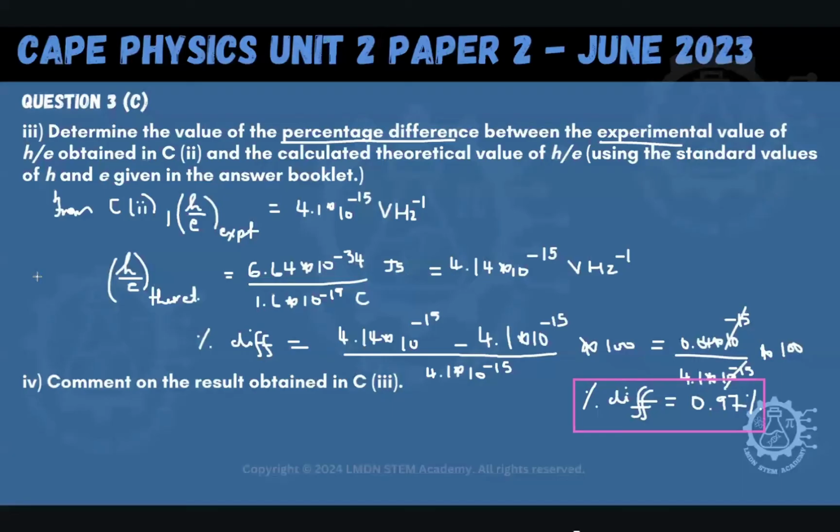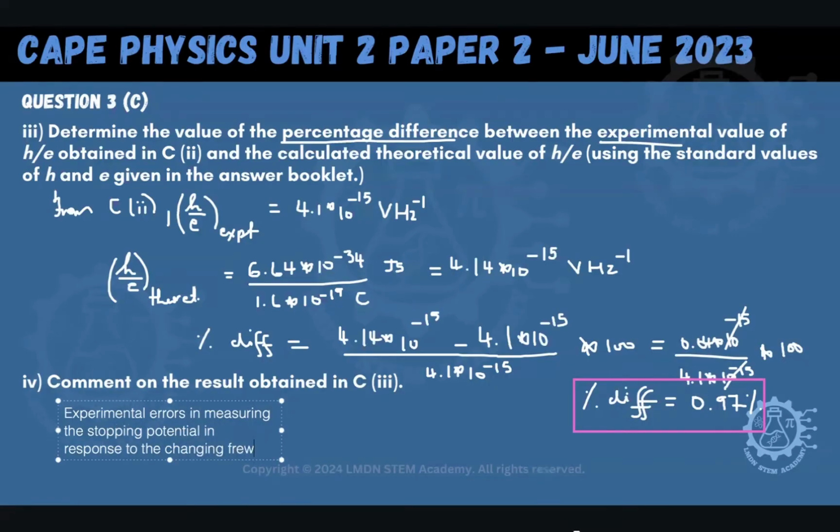Now we have to comment on the result obtained in C part 3. Essentially, they're asking why we have this almost 1% difference. That's due to experimental errors. A lot of these things come back to experimental errors and how the experiment was executed. So: experimental errors in measuring the stopping potential in response to the change in frequency.